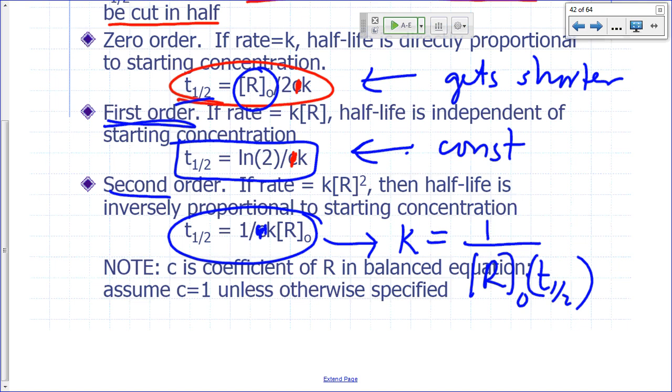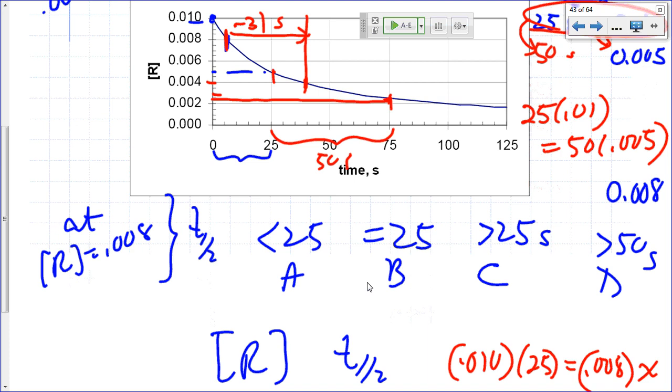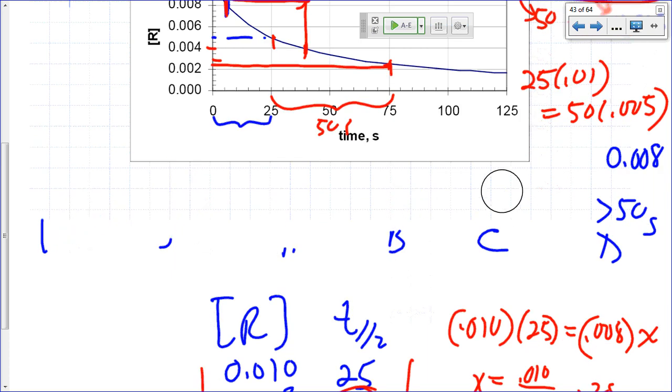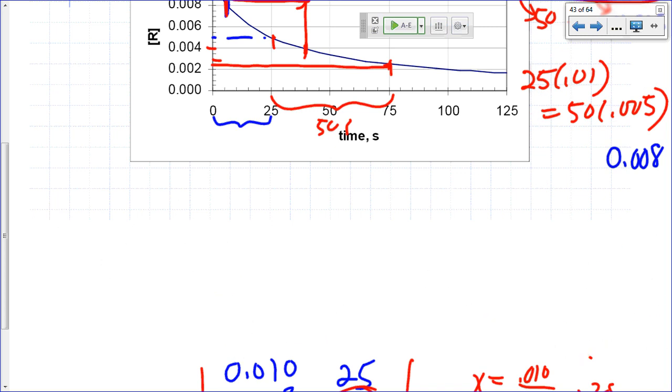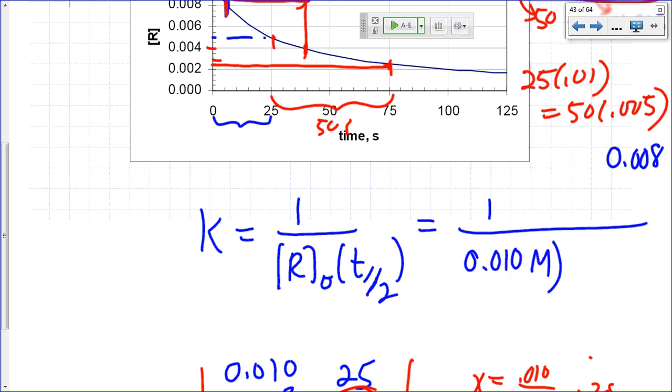So going back to our example, what's our rate constant? Our second order rate constant is 1 over R naught, the starting concentration, times the half-life. So that's 1 over, what's our starting concentration? 0.010 moles per liter.